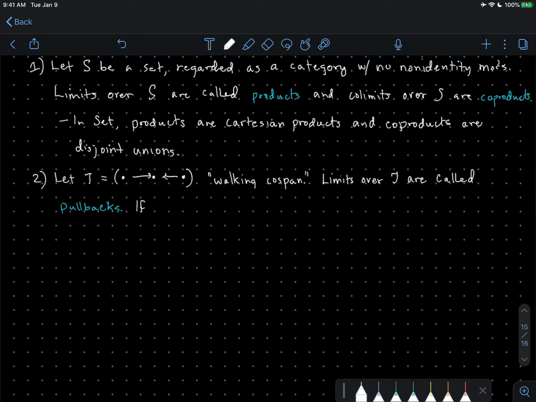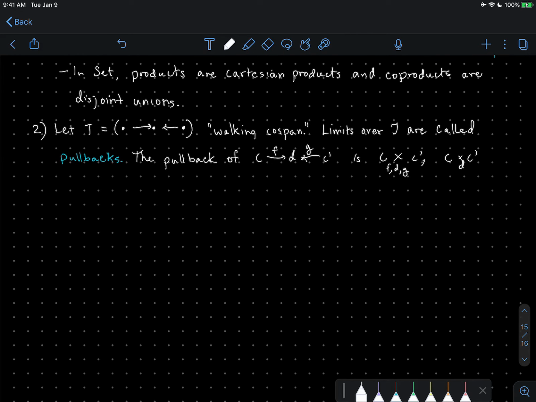And so if the image of our diagram is the pullback of the diagram like this, it is written C cross over F, comma, D, comma, G, C prime, or just C crossover D with C prime when the maps F and G are understood. So this is how to compute pullbacks in Set.